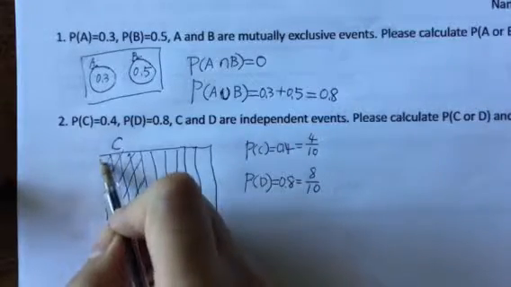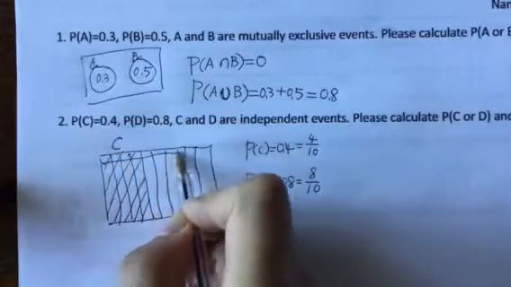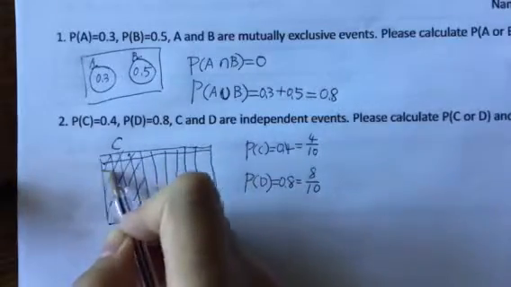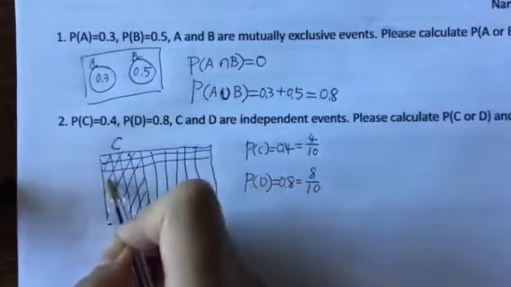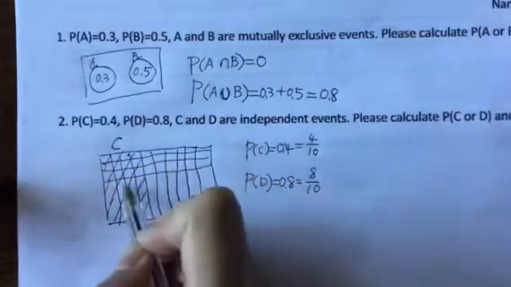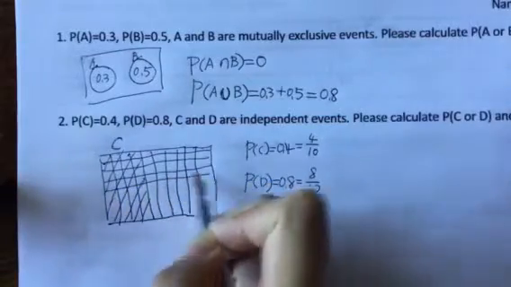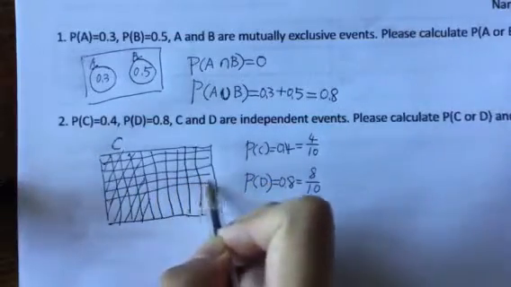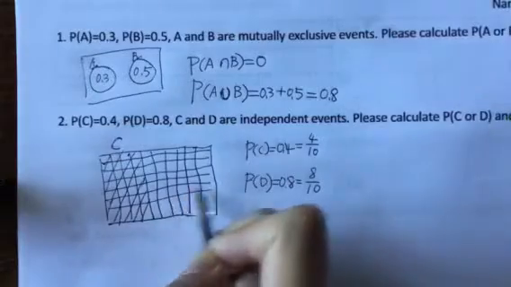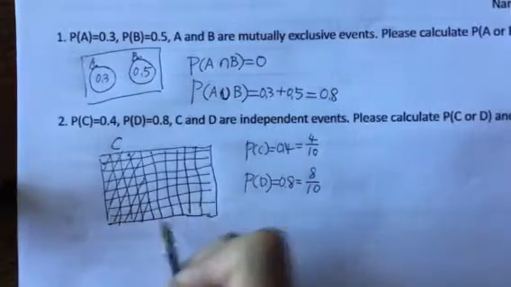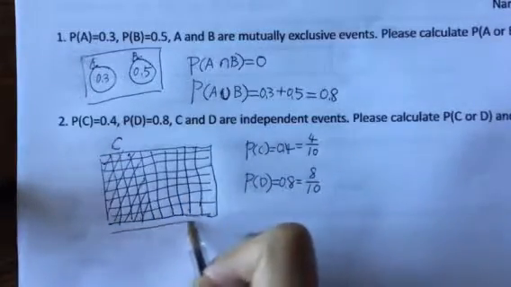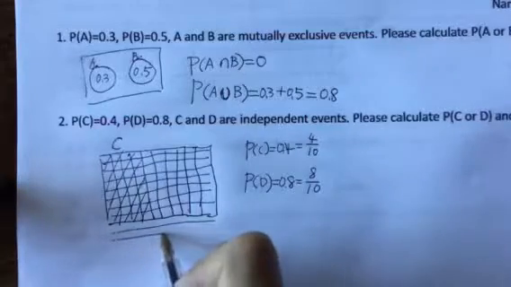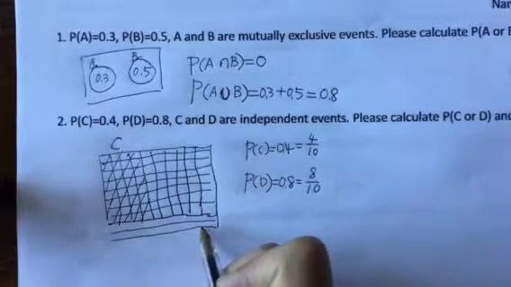So I'm going to draw a perpendicular line to it. 1, 2, 3, 4, 5, 6, 7, 8, 9, and 10.